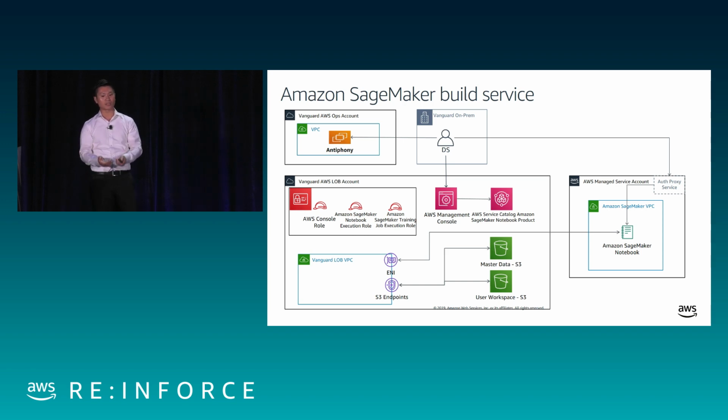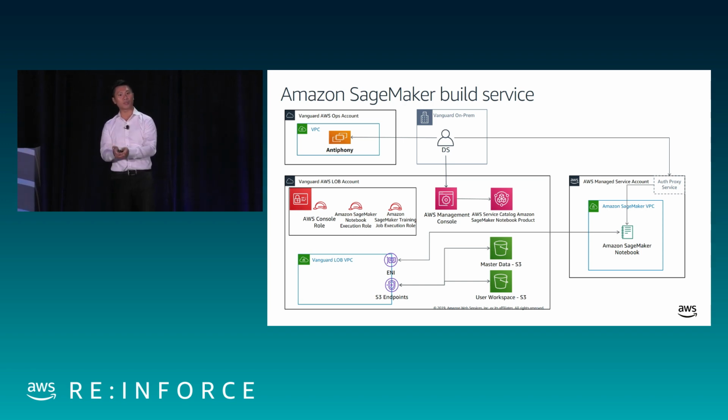And the SageMaker Notebook actually lives in the SageMaker VPC, which is in an AWS managed service account. As part of the automation of the service catalog product, in our CloudFormation, we enforce a lot of standard security configurations. For example, we disable internet access for the notebook. We create the notebook and map it to Vanguard managed VPCs.